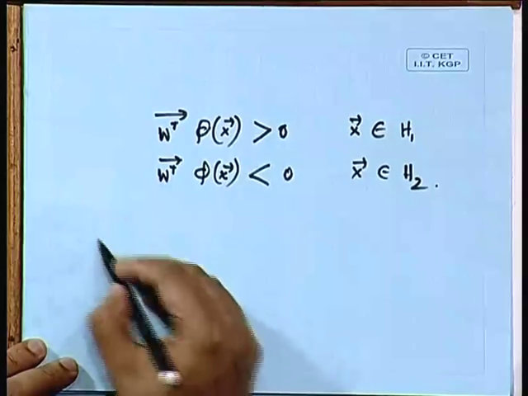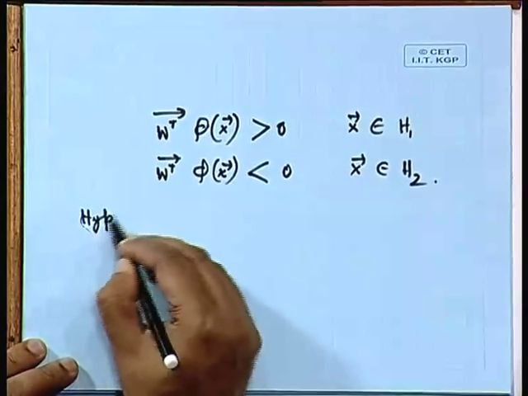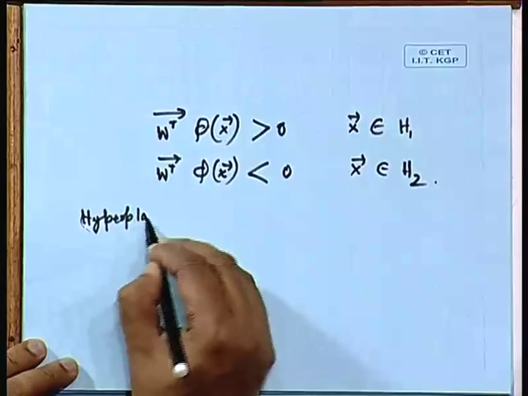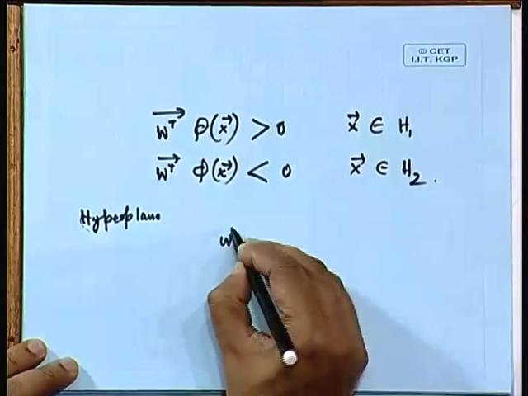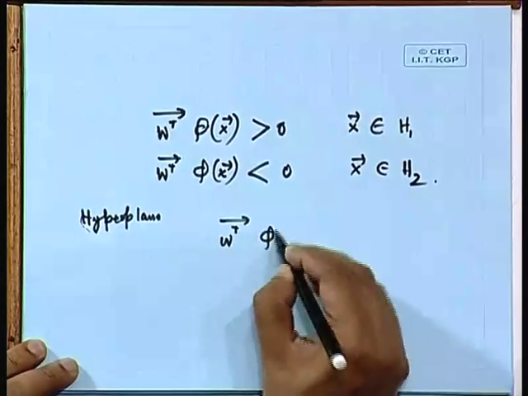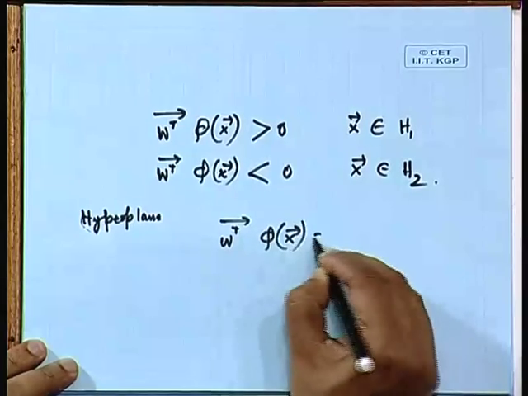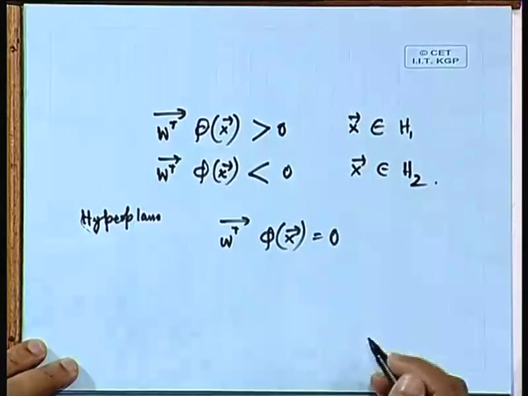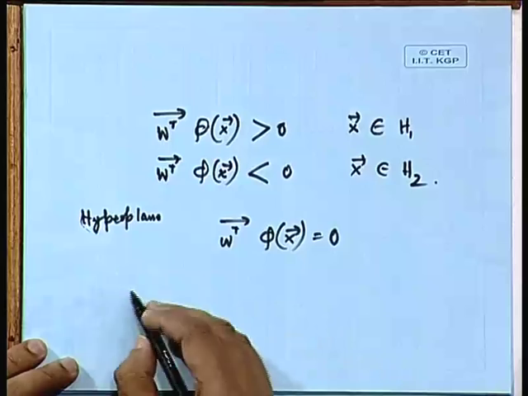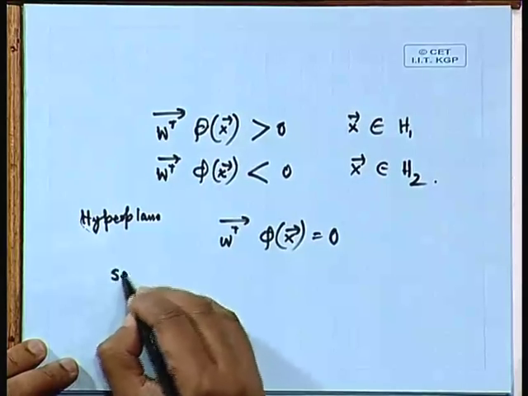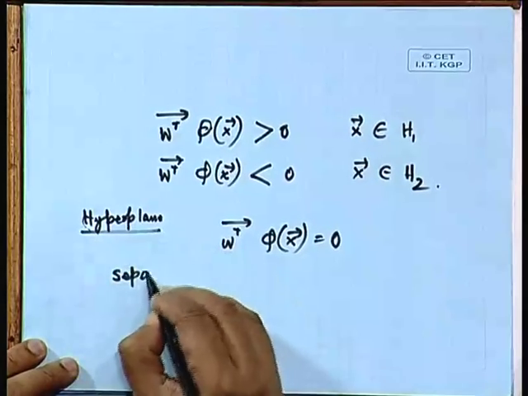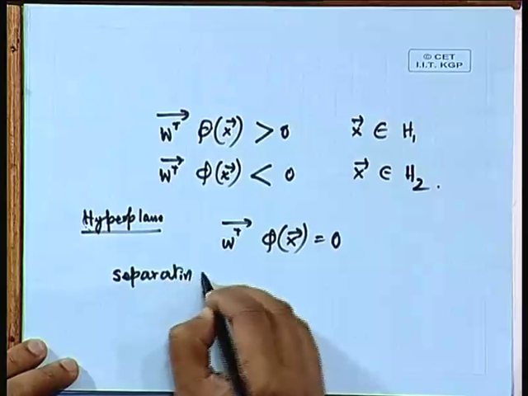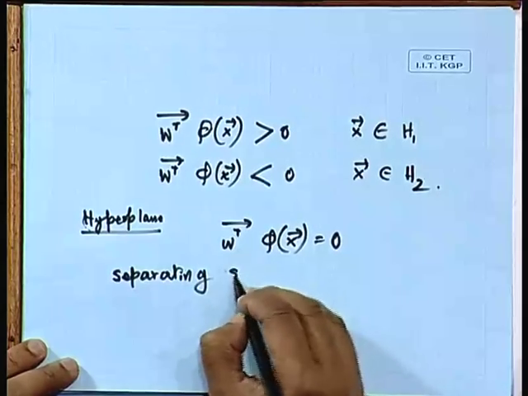That means the hyperplane that we are defining, the hyperplane equation, W transpose phi x vector equal to 0, is the separating surface. A hyperplane is the separating surface in the phi space.